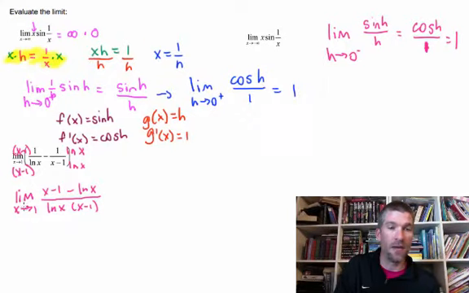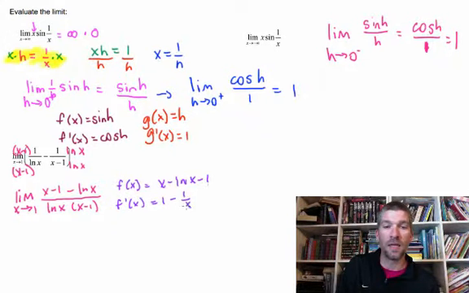So we're going to look at these. Let f of x equal x minus natural log of x minus 1. The derivative of that is 1 minus 1 over x and then 0. I can put that back into the numerator here, and then let's look at the next one. The next one is g of x equals x minus 1 times the natural log of x.